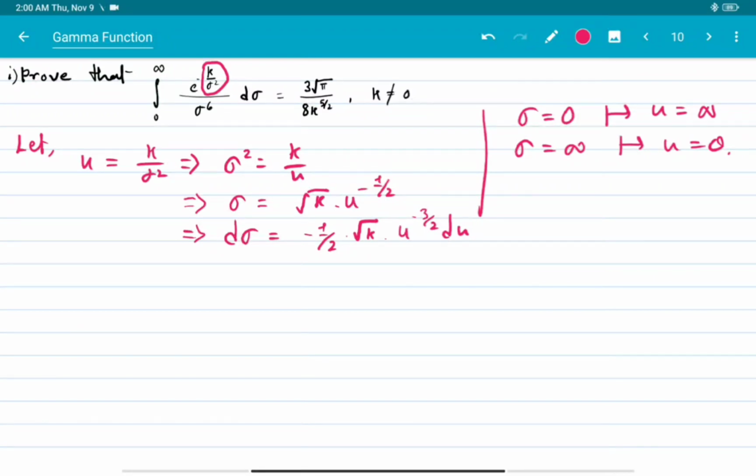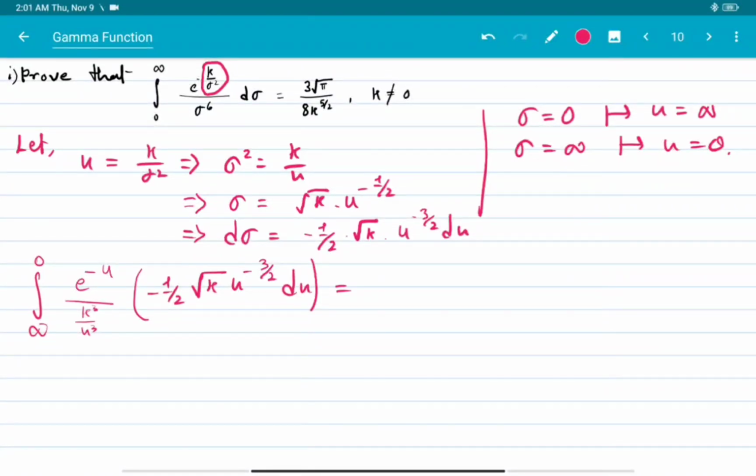So finally our substitution turns into 0 to infinity, e to the power minus u over k cubed times this u cubed, right? And this d sigma part we write as minus half of root over k times u raised to the power minus 3 over 2 du.